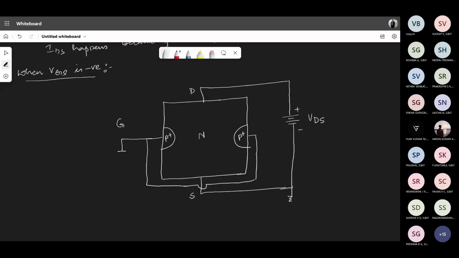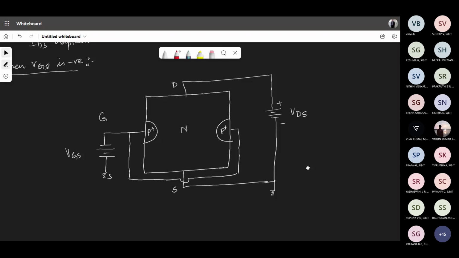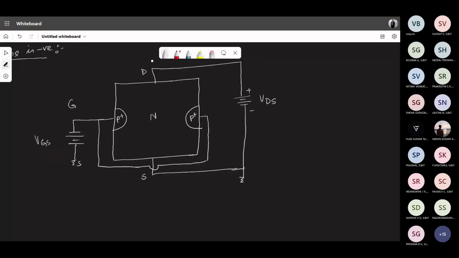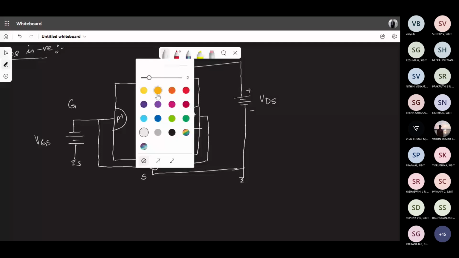Gate is now negative, and the other terminal is grounded. So this is as good as source. The source is directly grounded, so that is why you call it VGS. It's a common source. I'm repeating it so that it fixes in your mind and you will never forget it. Now I should worry about what is going to happen.